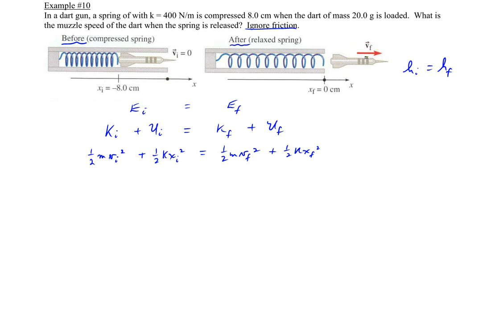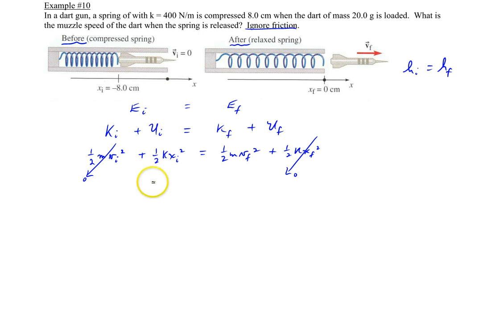So we can now start to cancel some terms off. If we look at the picture before, we can see that the velocity is 0, which means that there is no kinetic energy. This term is just going to drop out. And then if we look at the picture afterwards, we can see that the spring goes back to its relaxed position, which means that there's no more spring potential energy. So therefore, this term drops out because x is 0.